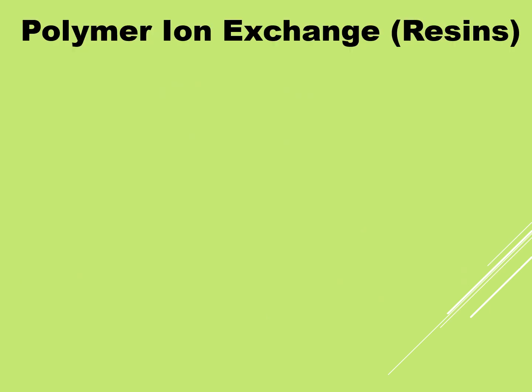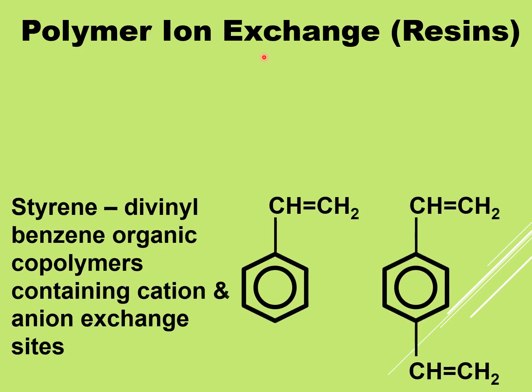Ion exchange resins, they are polymers. Polymers, copolymers of styrene divinyl benzene, they are used as ion exchange resin. So this is styrene and this is divinyl benzene. They will combine together, they will copolymerize and they will form a polymer that can be used as an ion exchange resin.